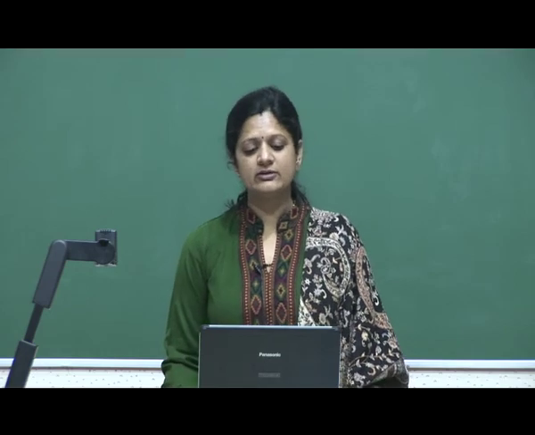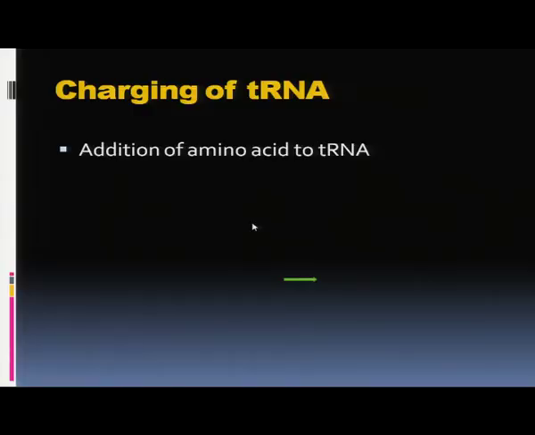Now, let us move ahead. The charging of transfer RNA. Charging of transfer RNA means addition of amino acid to transfer RNA. Whenever the amino acid is added to the transfer RNA, the process is called charging of transfer RNA.